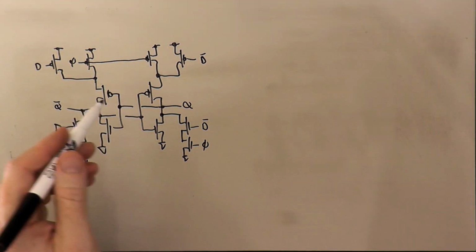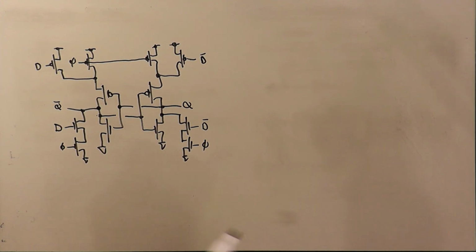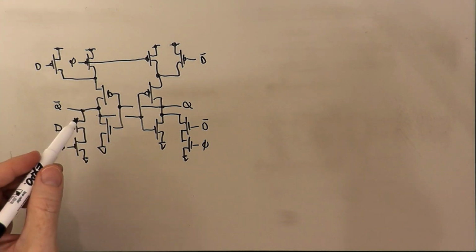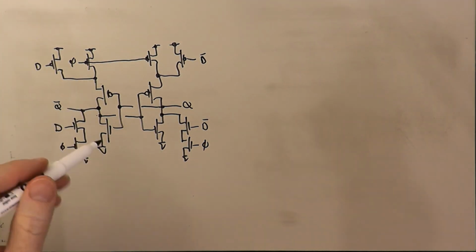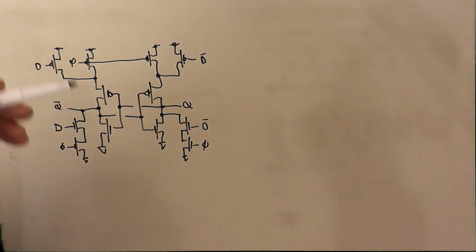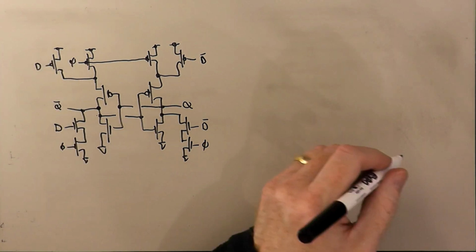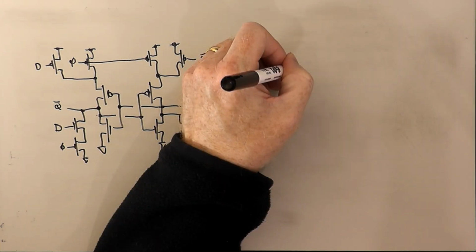We could make an upside down version of this, which is basically exactly the same topology, except we replace N's with P's and flip the connections of ground and VDD to make something that looks like this.